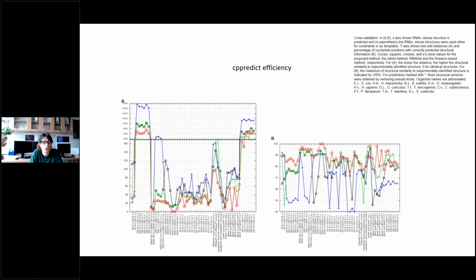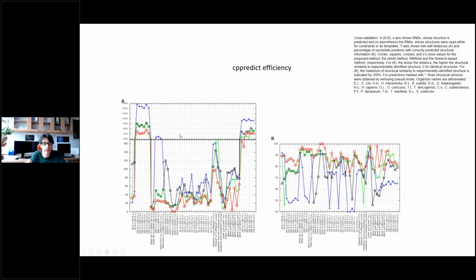So they are supposed to perform better in prediction. And they are compared in these two schemes. We tested them by predicting experimentally identified structures, and we compared the predicted structures to their experimentally identified counterparts. The structures were taken from PDB.